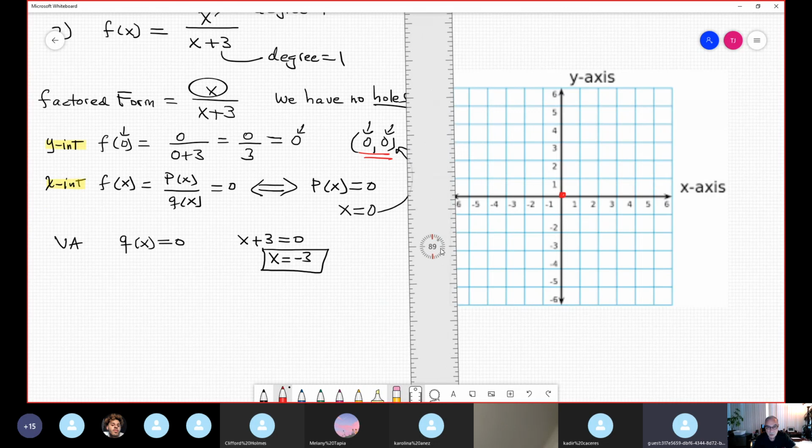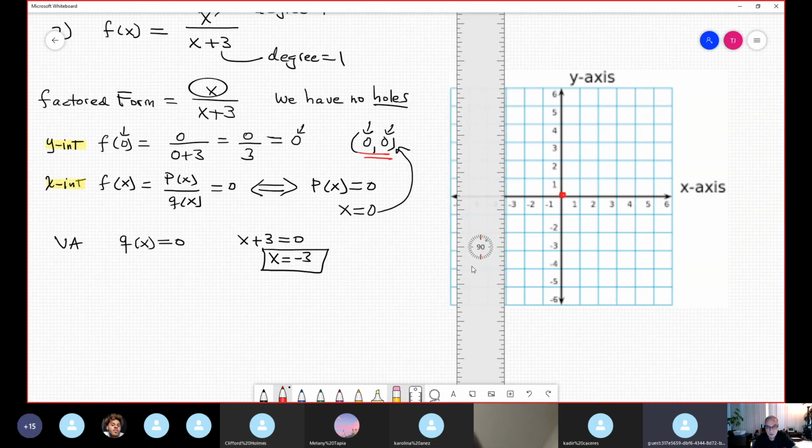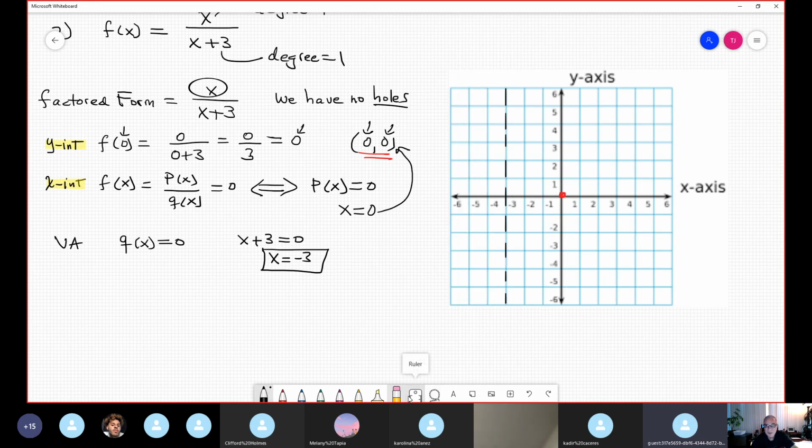And normally we use black color and a dotted line to represent a vertical asymptote. In general, an asymptote is a dotted line. This is our vertical asymptote. By the way, the equation of this asymptote is x equal to minus 3.